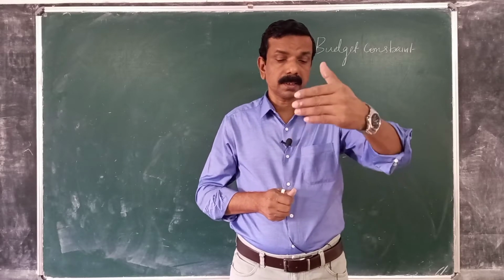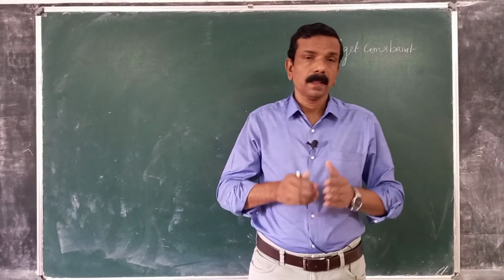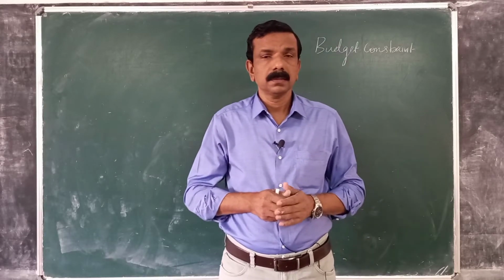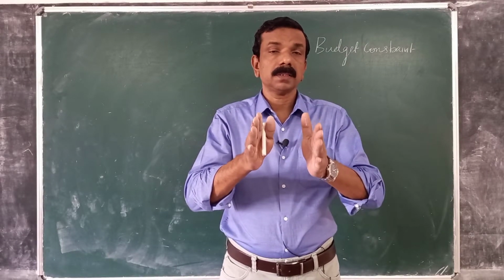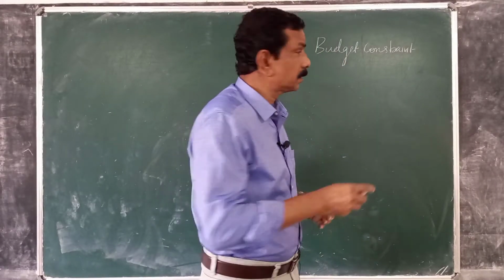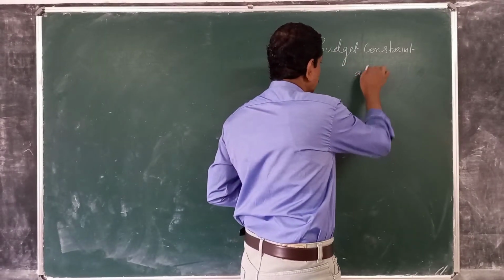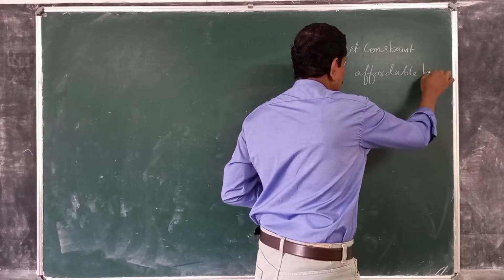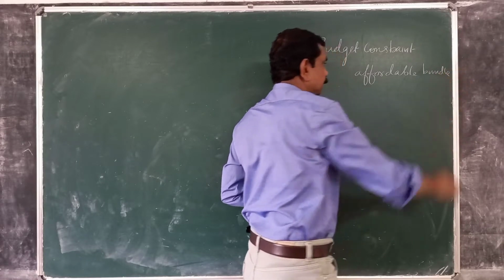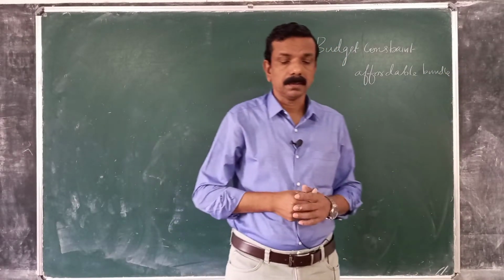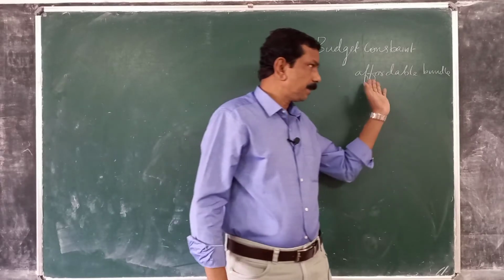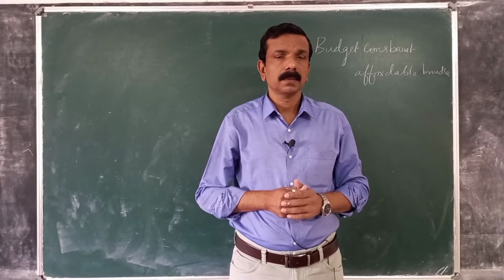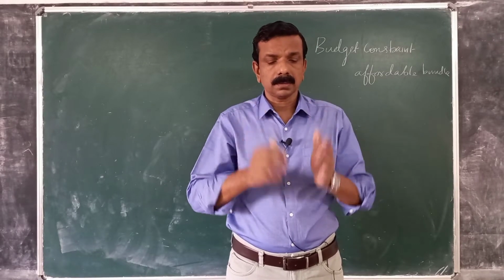That is, he has to reconcile its wants with the preference relation, the utility function, with its budget constraints, also known as the affordable bundle.